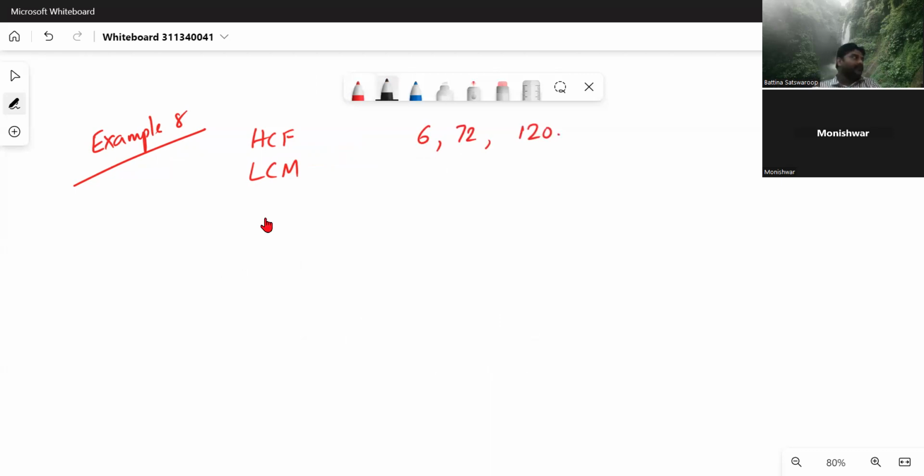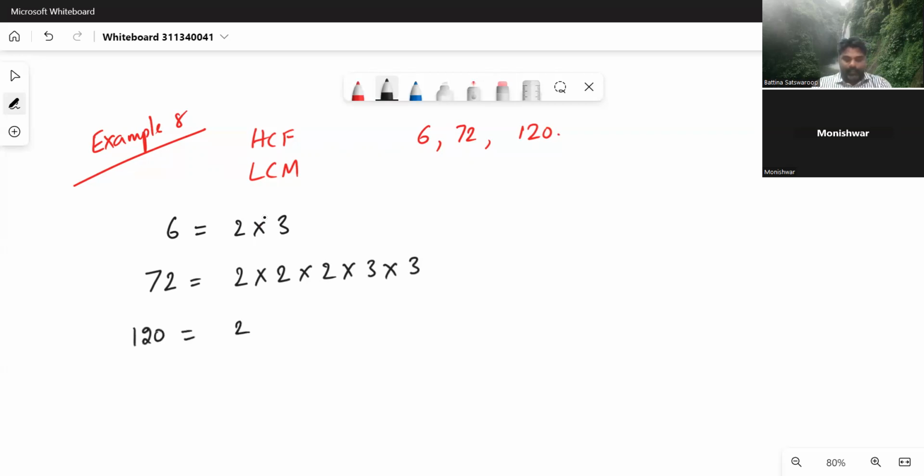Can you find factors of 6? 2 into 3. 72: 2 into 36, 36 is again 2 into 18, 18 is again 2 into 9, 9 is 3 into 3. When it comes to 120: 2 into 60, 60 is 2 into 30, 30 is again 2 into 15, 15 is 3 into 5. So this is the factorization for 6, 72 and 120.